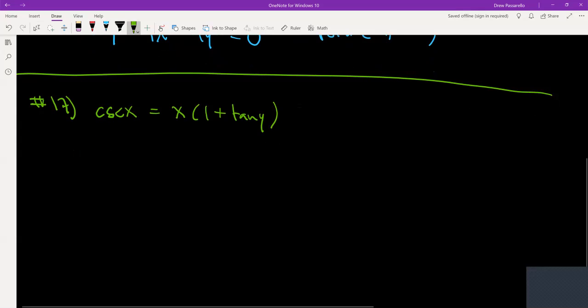When I worked this problem out, I went ahead and distributed the x on the right side, so I had cosecant x equal to x plus x tangent y.